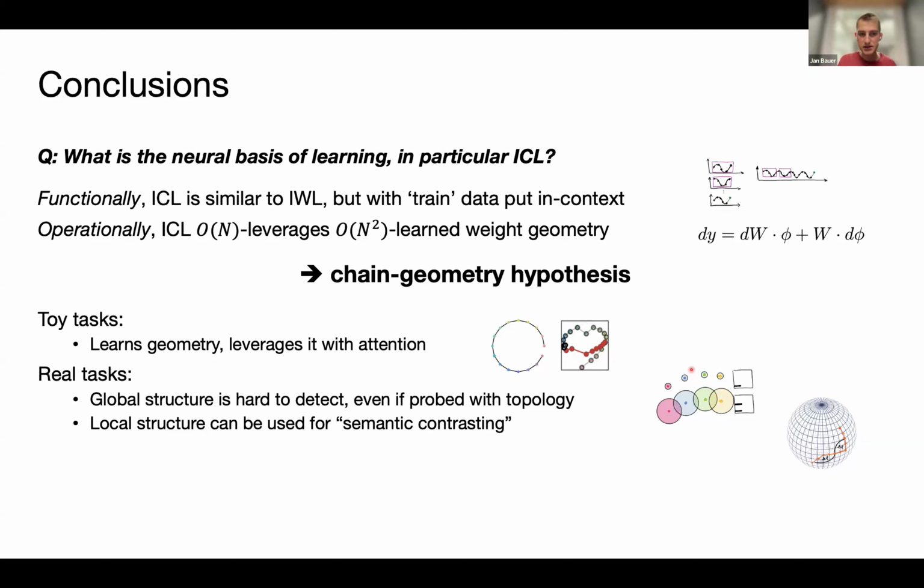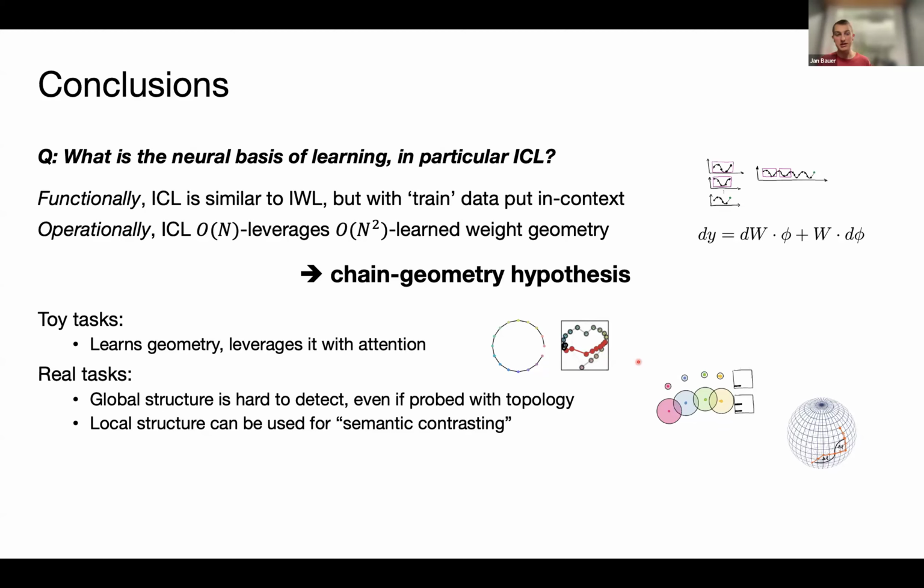First in toy tasks, this worked very nicely and we were able to recover the geometry that initially gave rise to the sequences, at least, you know, it looks like it a bit. And we also found that this is actually being leveraged by the model through these attention matrices, which have this exponential window decay along the diagonal.